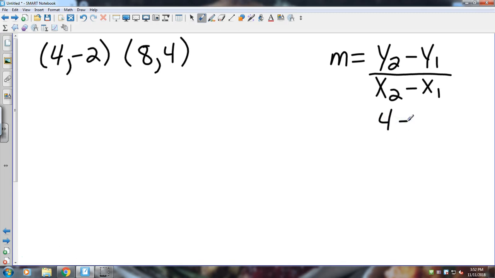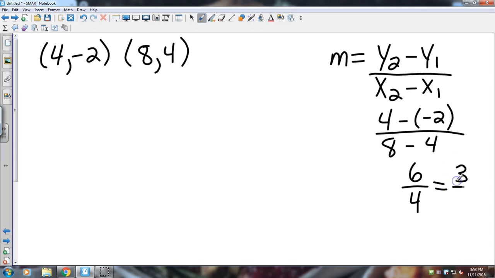The y value of our first coordinate is negative 2, so we're minusing the negative 2. The x value of our second coordinate is 8, and we're subtracting the x value of our first coordinate, which is 4. So 4 minus a negative 2, that's 6, and 8 minus 4 is 4. And we'll simplify that fraction to 3/2.